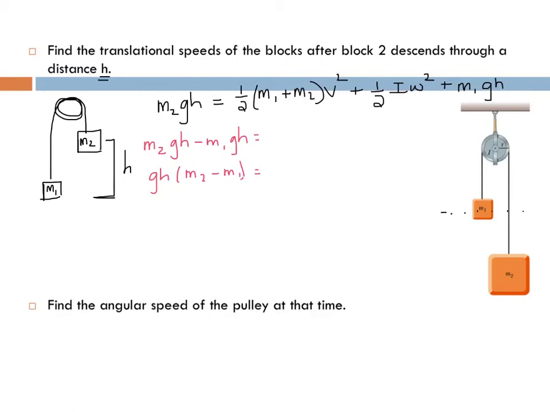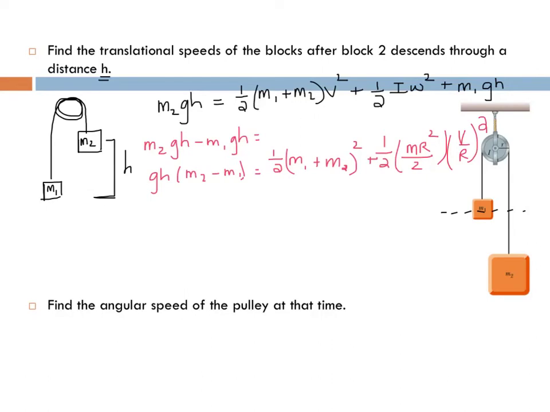On the right-hand side, we see that we can replace our moment of inertia with the moment of inertia of a disk, which is mr squared over 2. And omega can be replaced with v over r, and make sure that value is squared.